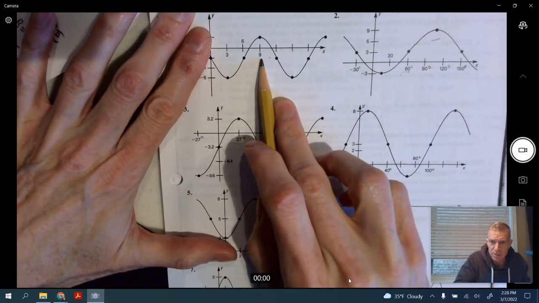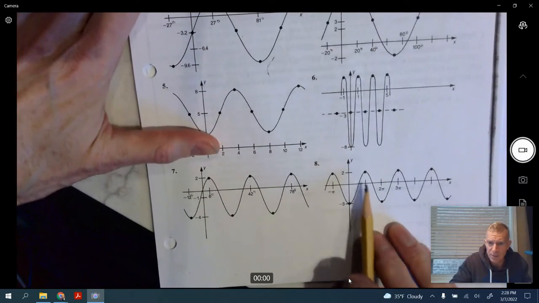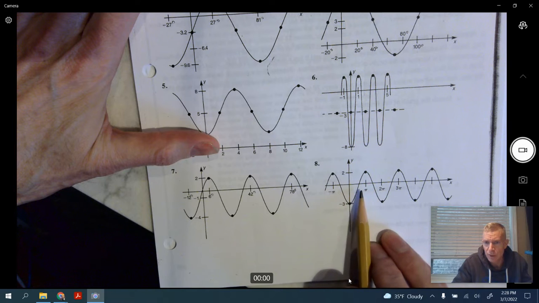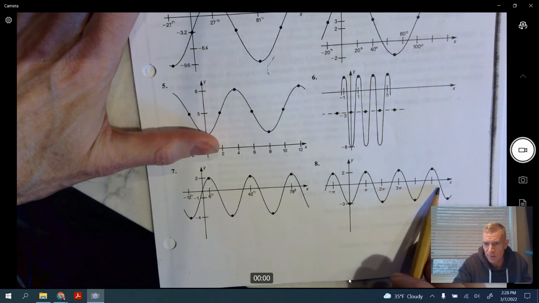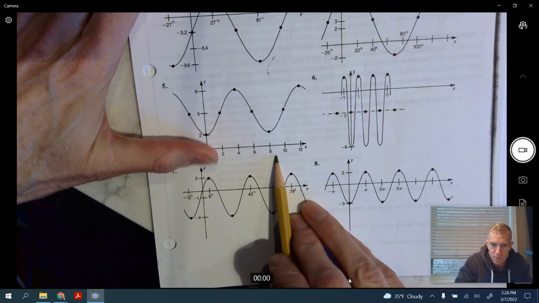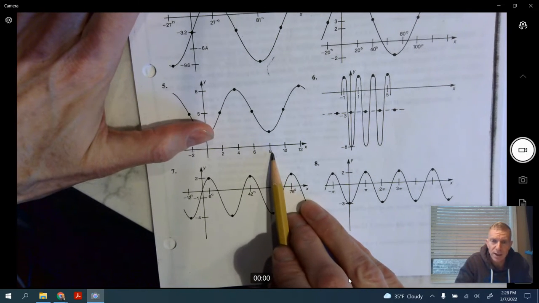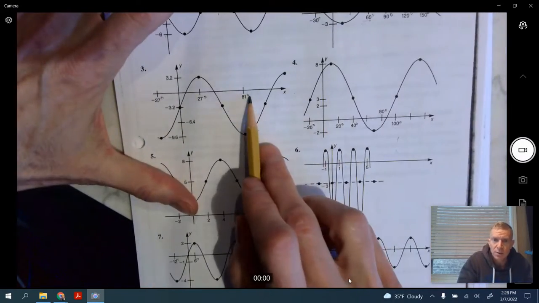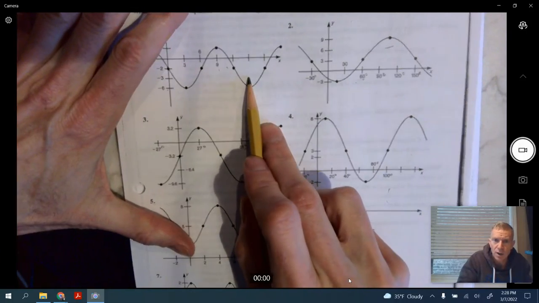This one looks a little unclear. Some of them will be in pi, and this one down here, number 8, you can see the pi, and that's usually your clue that your angle is in radians. This one's degrees. This one, even though there's no pi, it doesn't have to have a pi in it. There's no degrees, so that has to be radians. So this one's radians, that one's degrees, that one's degrees, radians, degrees.